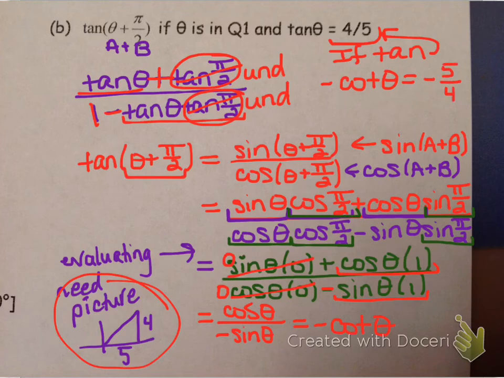So negative 5/4. Okay, and so that is our answer. Or you can do a picture drawing and you can find your hypotenuse and you can do your cosine and your sine and evaluate all 8 parts of that.